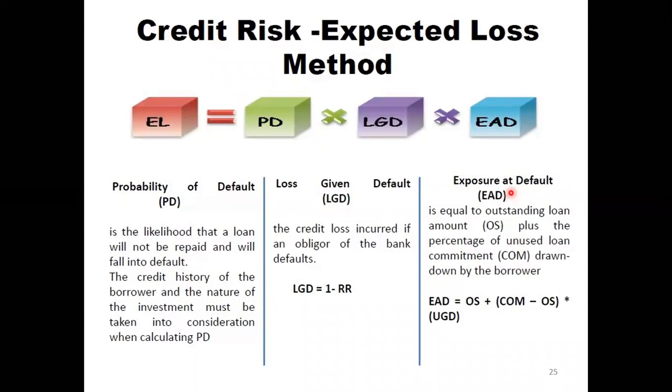So exposure at default, the total loss, equals the outstanding loan, the outstanding amount, plus the unused loan commitments, minus the outstanding loan, into LGD. So this is the formula to assess the credit risk based on the expected loss method.